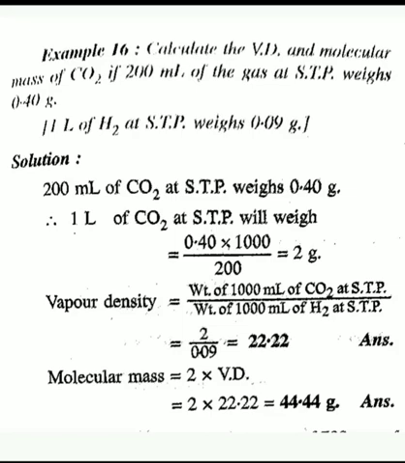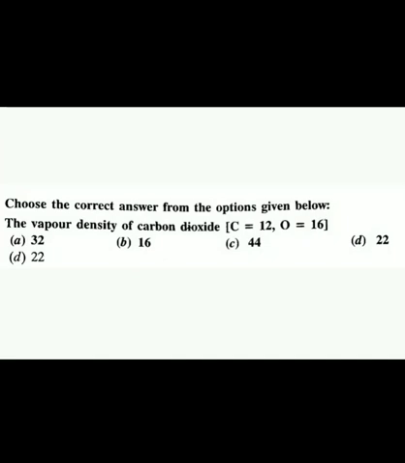Like this, we'll find out one more simple question. How will you find the vapor density? Choose the correct answer from the options. The vapor density of carbon dioxide is asked. First find the molecular mass. Carbon is 12 and oxygen is 16.